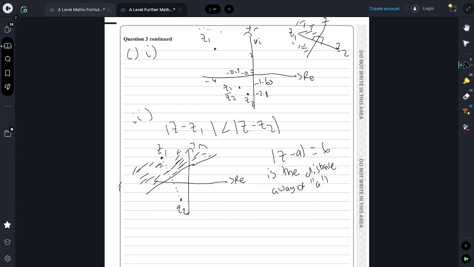Cool. Let me just double check that's right. Yeah, that's pretty much exactly what they've drawn. So they're drawing a perpendicular bisector, and that's the points here. Cool. So hopefully that's clear.